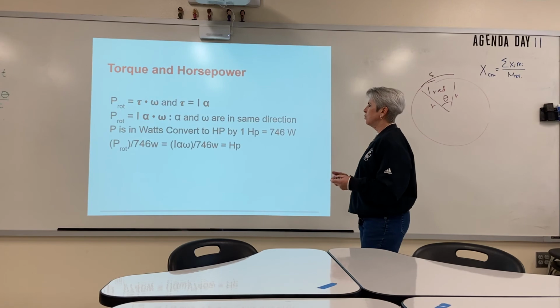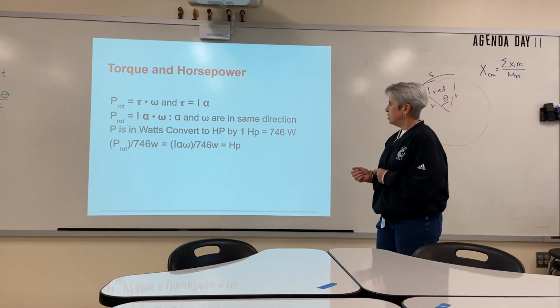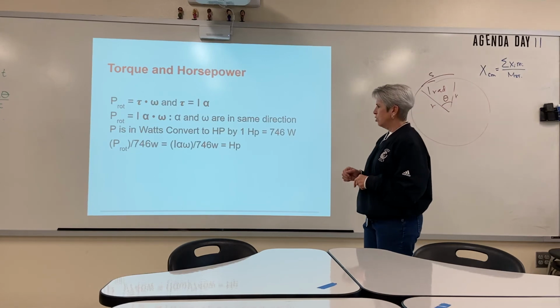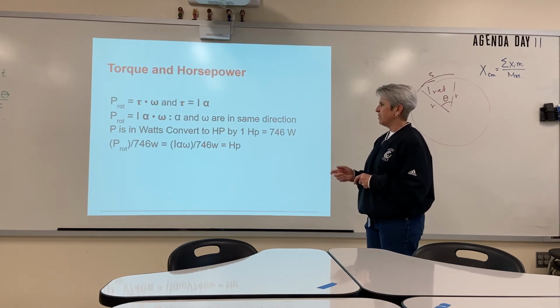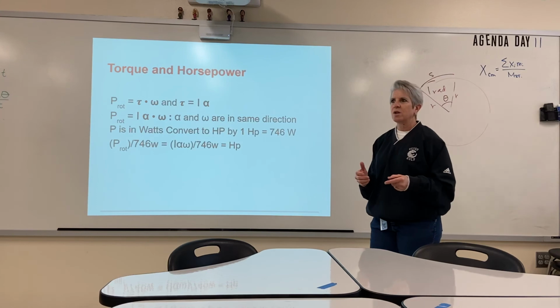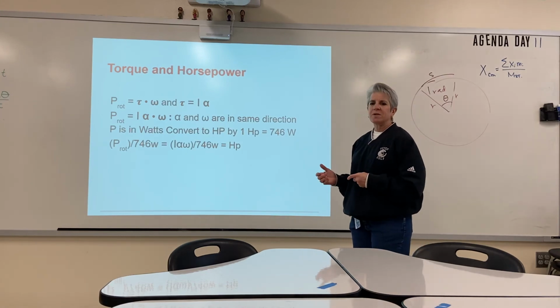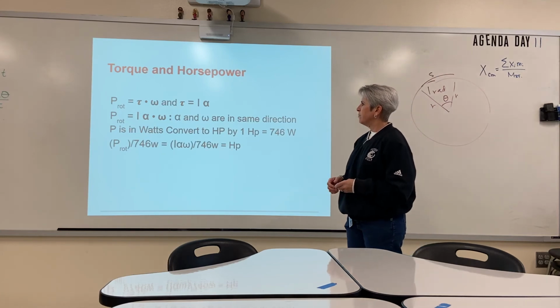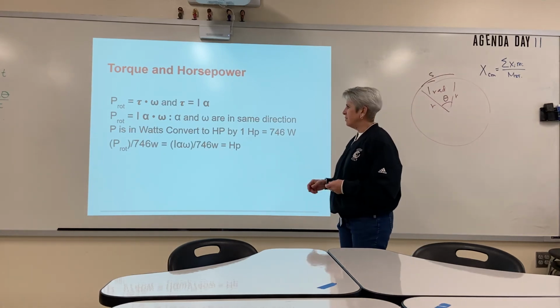Power is in watts, and we can convert to horsepower knowing that 1 horsepower is 746 watts. So rotational power divided by 746 is I times alpha times omega divided by 746, and this will give us horsepower. Knowing this helps us to calculate the horsepower of your mousetrap car also, which I think will be a fun thing for you to see.